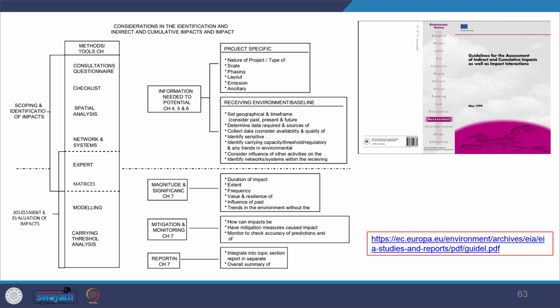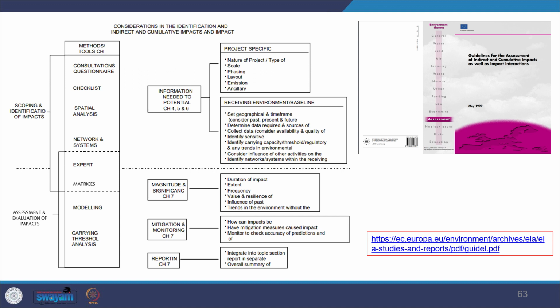And then assessment and evaluation of impact. So you will see that expert and matrix fall in both categories. So that's not a very strict line here. For assessment and evaluation, you can use expert matrix as well as modeling and carrying threshold analysis. So you know how much is really more and how much is less.